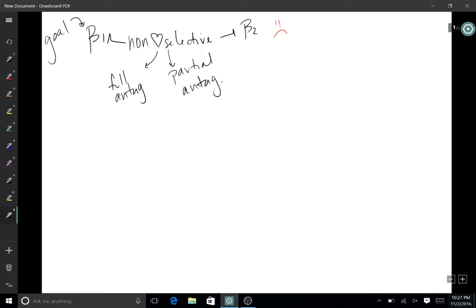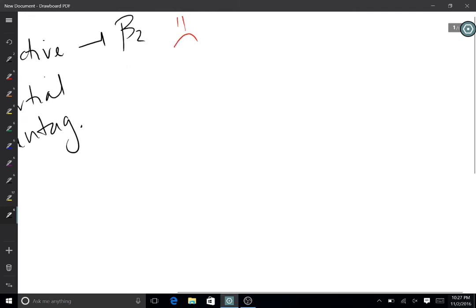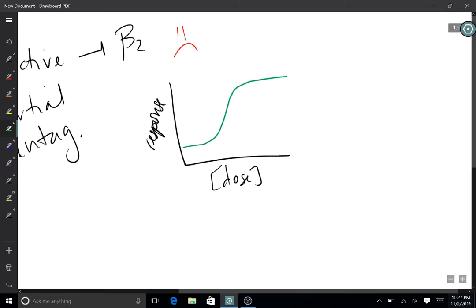The difference here, if we remember what we're looking at, is if you have a dose and response, a full agonist is going to have an increase in response as the drug increases, right? So this is your full agonist. And an antagonist is just going to keep you at basal level, right? We're not an inverse, we're just a normal antagonist.